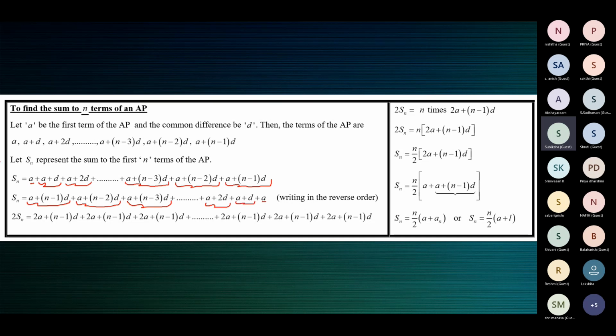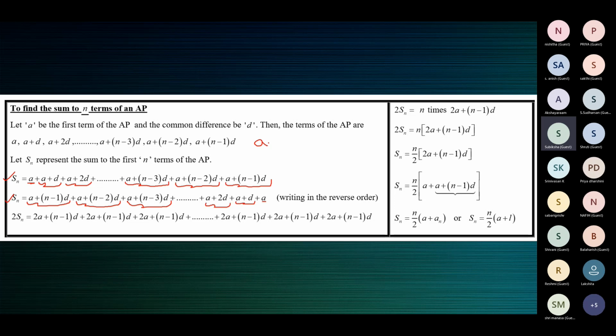Okay. So we're going to add the first terms. The first term here is A. The first term here is A plus (n minus 1) into d. Let's add them.